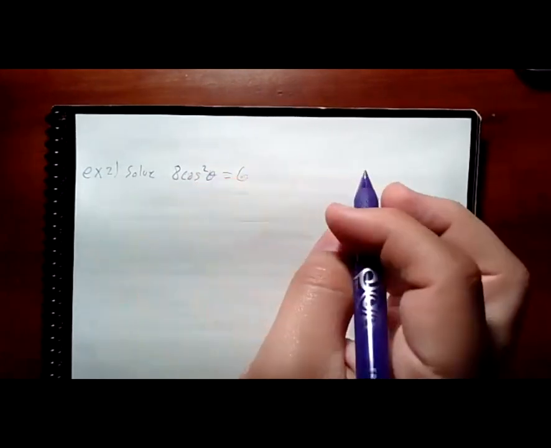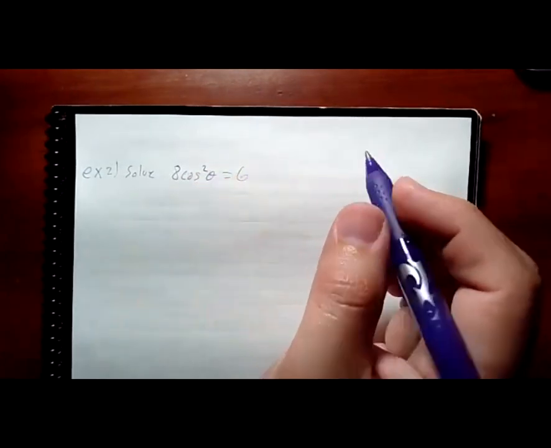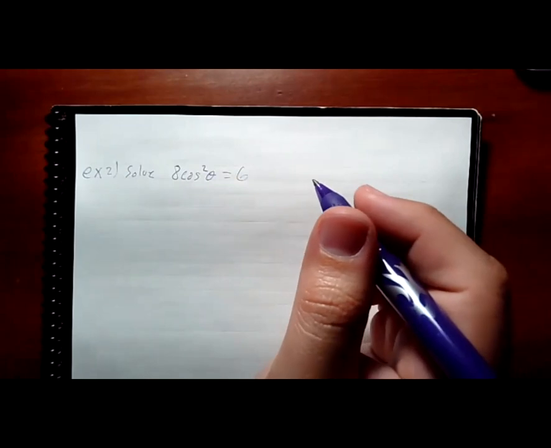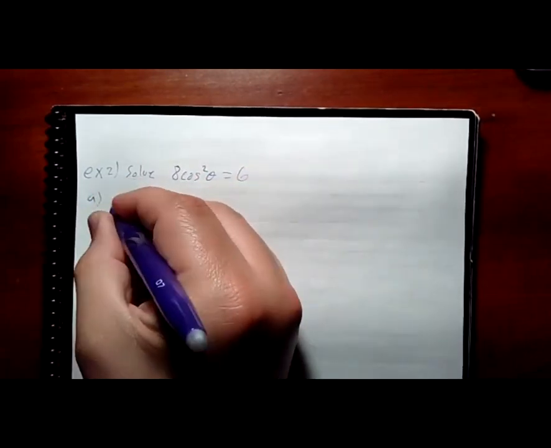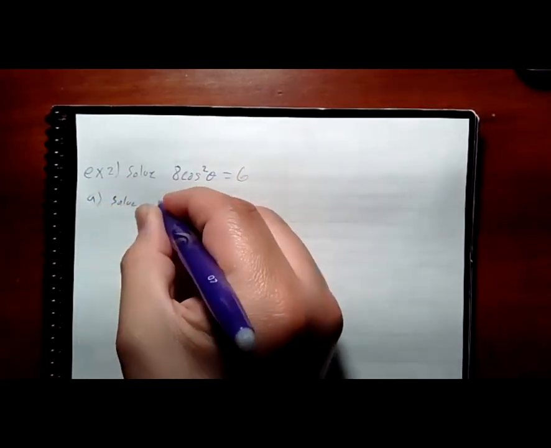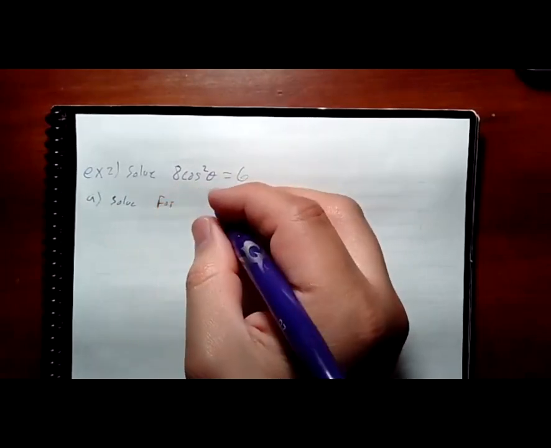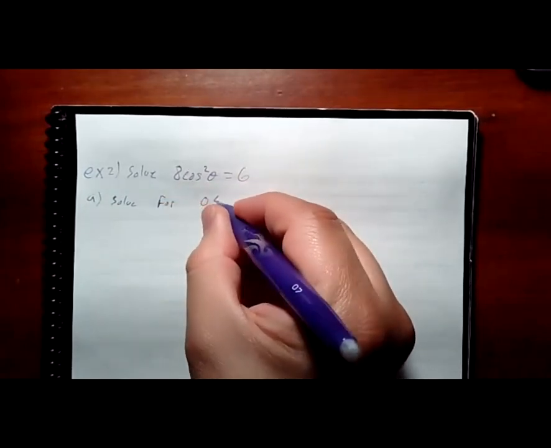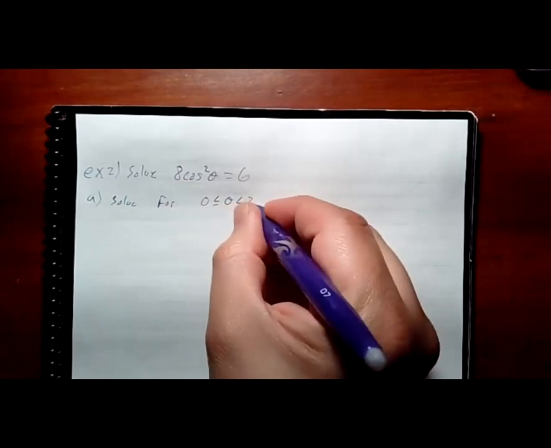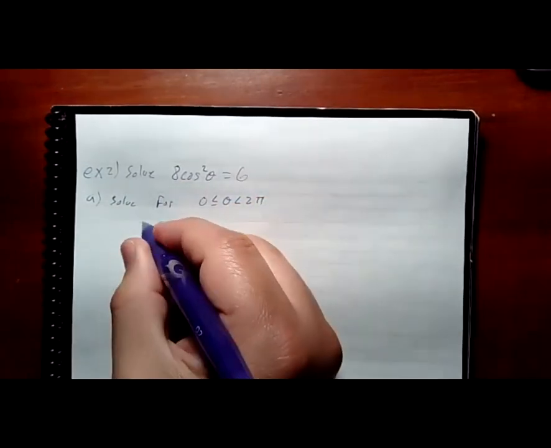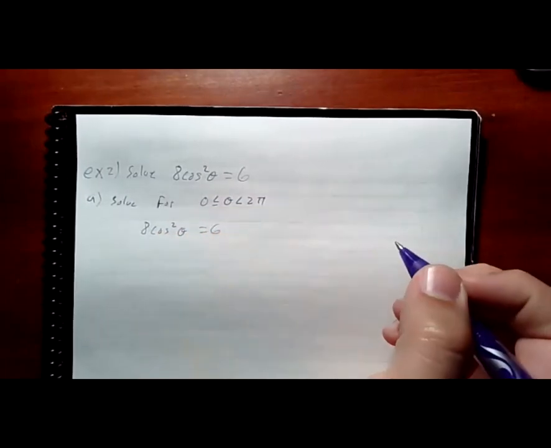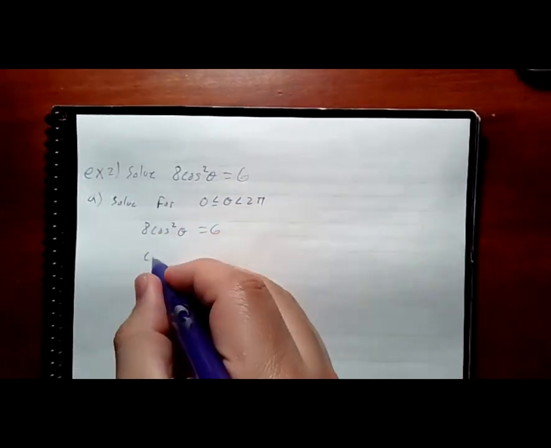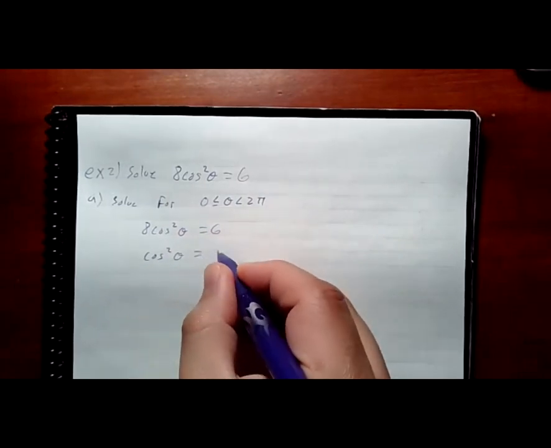Okay, so let's go ahead and solve it. Solve for one period, 0 to 2 pi. So divide by 8 and get to here.